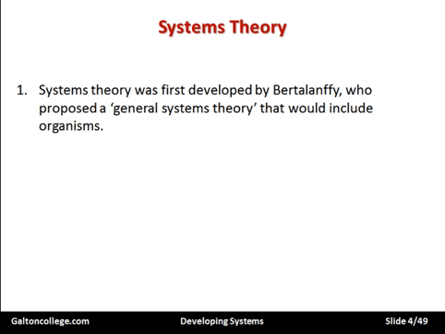It could include social organizations. It could include commercial organizations. So systems may be identified as when there's a whole composed of subsystems which are linked. And they are linked to meet the objectives of the overall system.